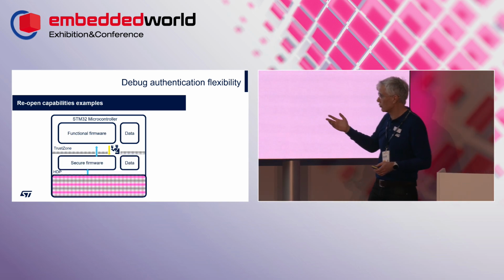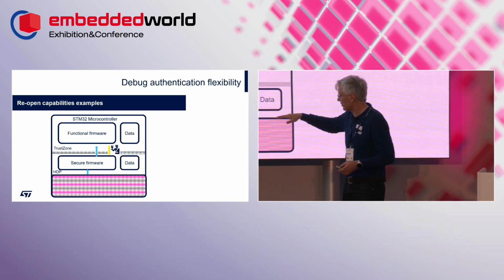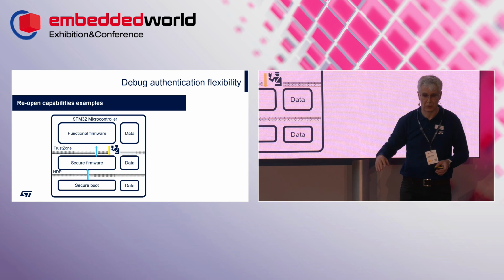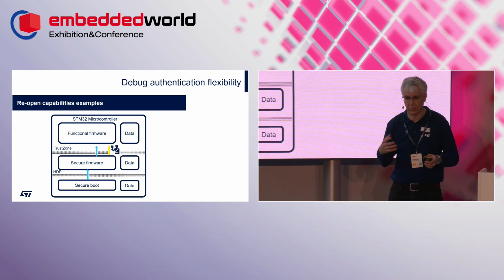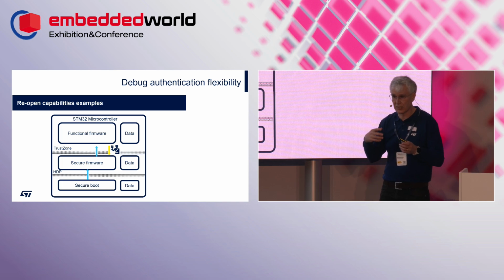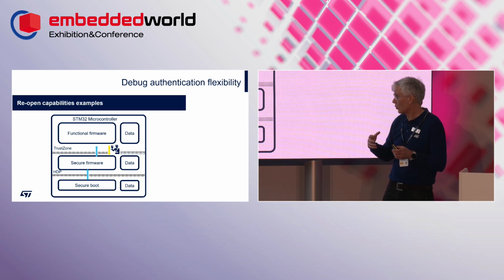And you can also, if it's required, reopen this or reopen everything. So this is an example of what can be done with debug authentication. You have the ability to selectively reopen what is needed.